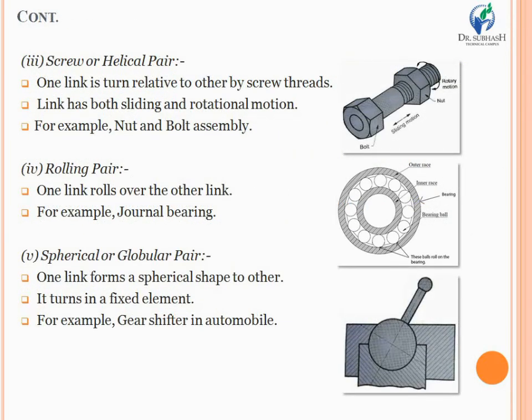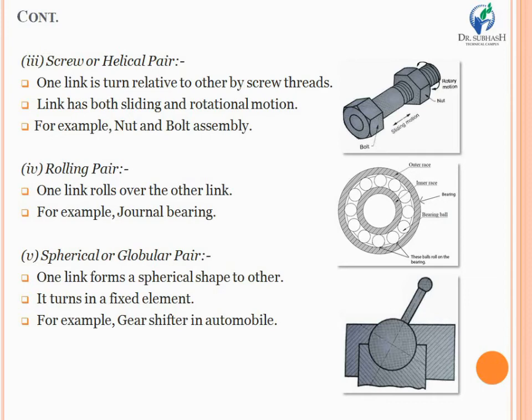After that, the third type of kinematic pair is the screw or helical pair. When the nature of contact between the links is such that one link can turn about the other link by screw thread effect, it is known as a screw pair.